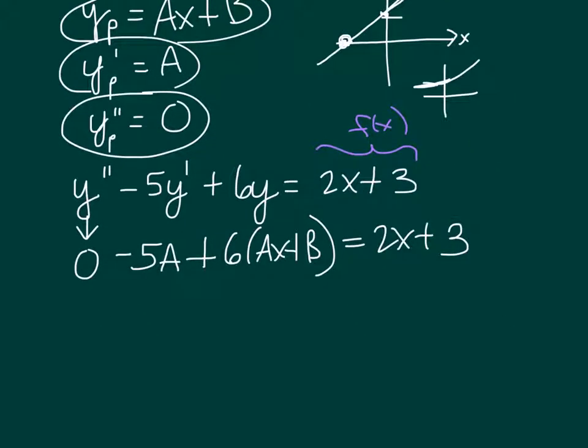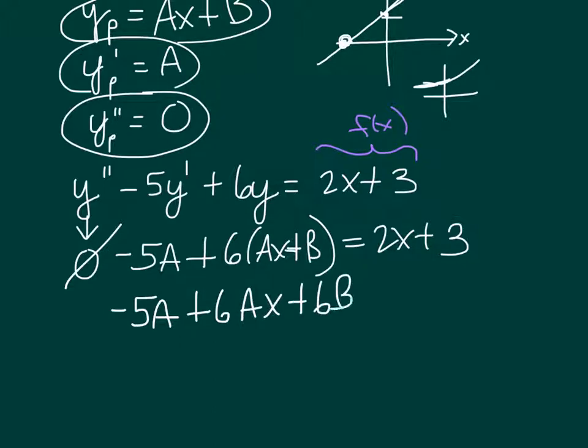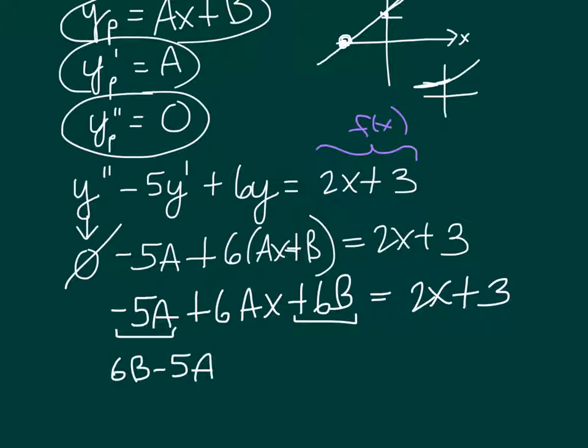So let's simplify this. 0 is just 0, minus 5a, and distributing gives 6ax plus 6b equals 2x plus 3. We can combine our constants and write it as negative 5a plus 6b plus 6ax equals 2x plus 3.